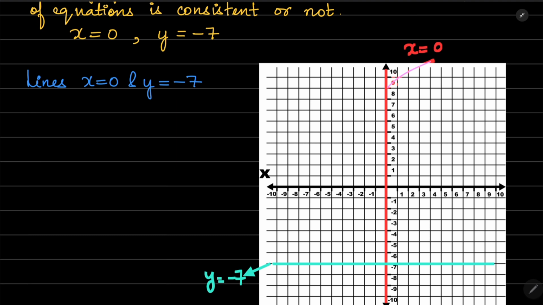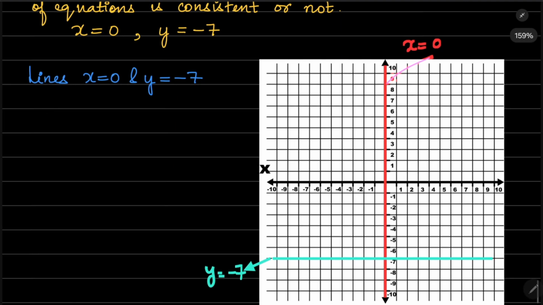Always remember, x equal to 0 is nothing but your y-axis itself. Always make it a habit to write the equation along with the line; it should not just be a blank line. And y equal to minus 7 is a line parallel to your x-axis. So x equal to something is parallel to the y-axis, and y equal to some value is parallel to your x-axis.